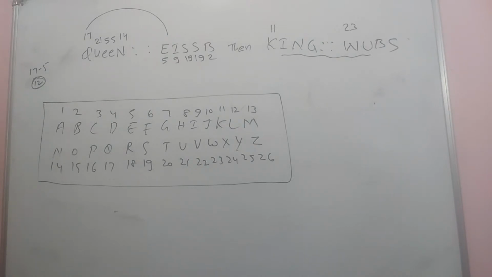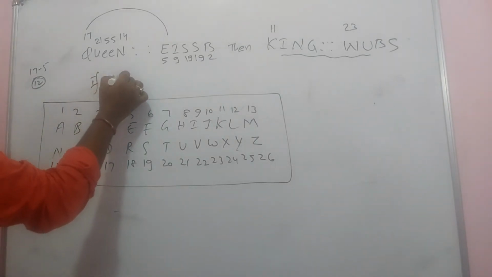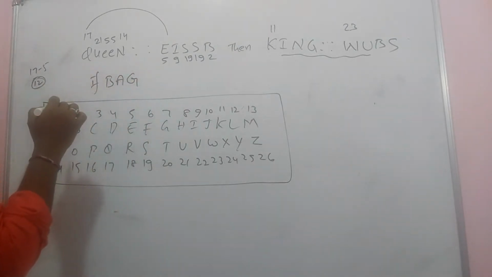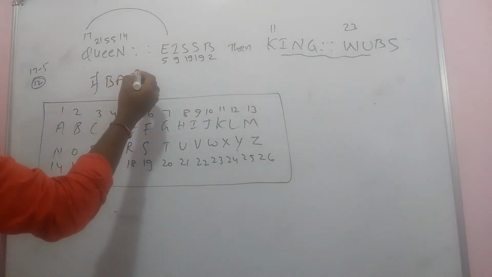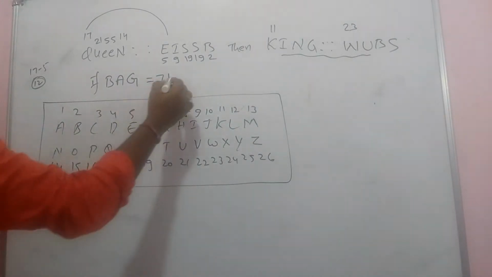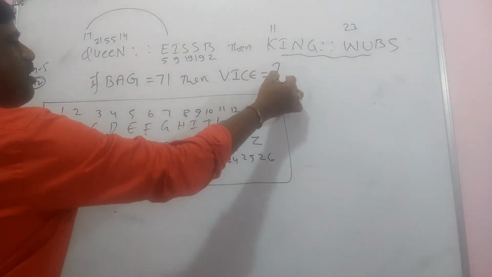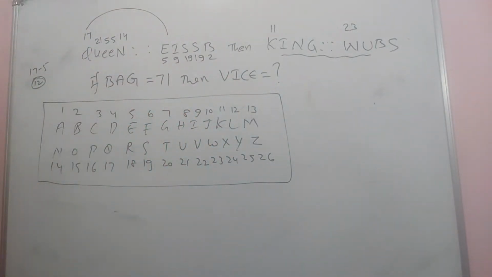There are methods also. They follow a method. What are the methods I want to say here? If BAG is coded as 71, then what is the value of VICE?